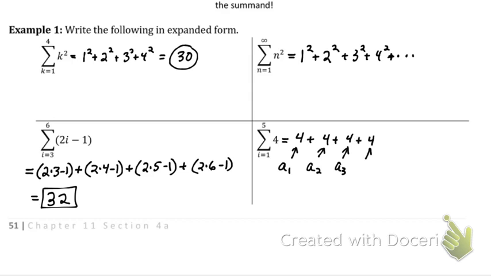Fourth term, 4. Fifth term, 4, and I get a 5 and I stop there. So you have to know where to start and where to stop, because you're not actually plugging in a number. It's just 4 plus 4 plus 4 plus 4 plus 4. In other words, it's 4 added 5 times, so it's 4 times 5, which equals 20.